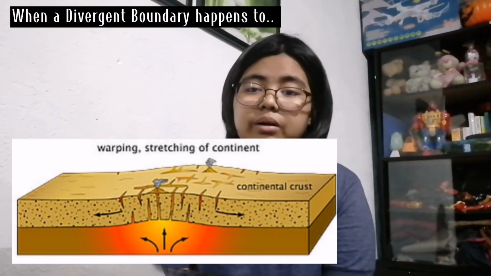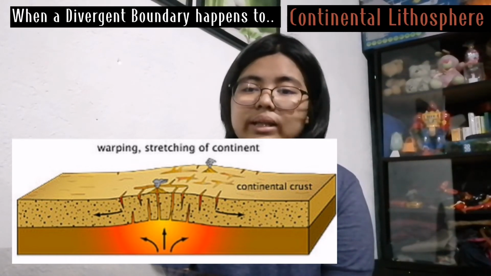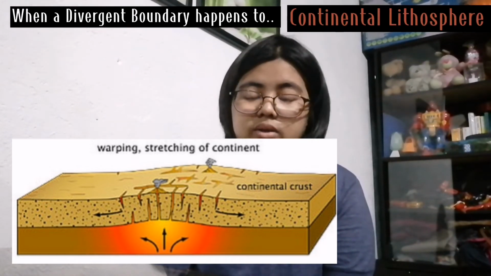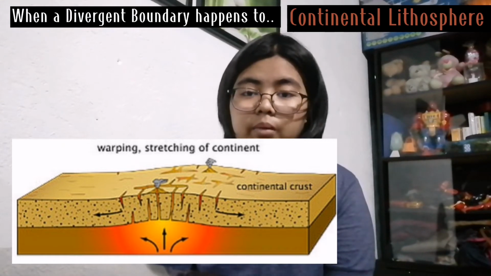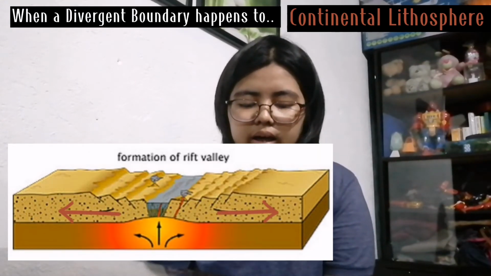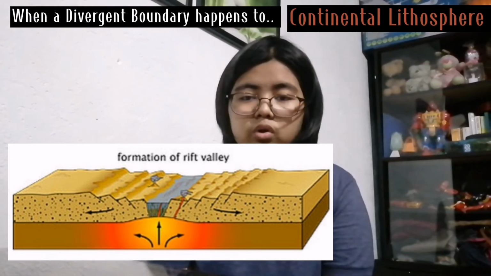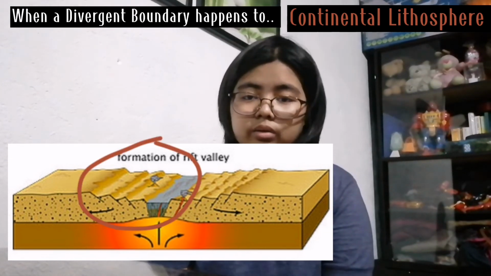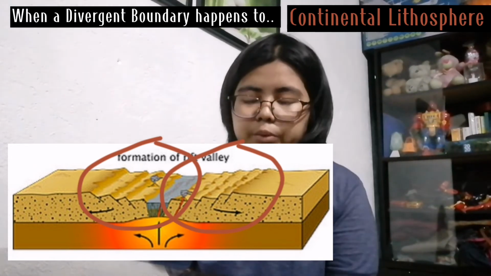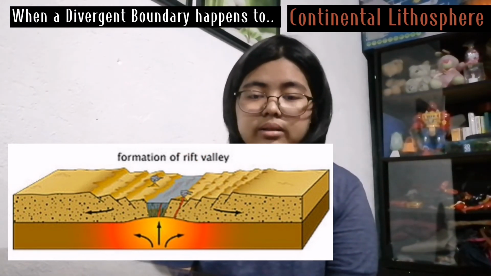When a divergent boundary happens to continental lithosphere, when the continental crust parts ways, it causes a lot of breaking. So we'll see some sort of rift start to form and we'll get some earthquakes.